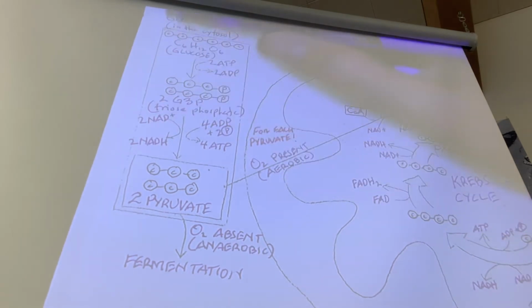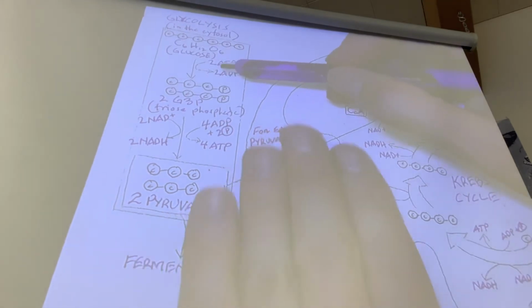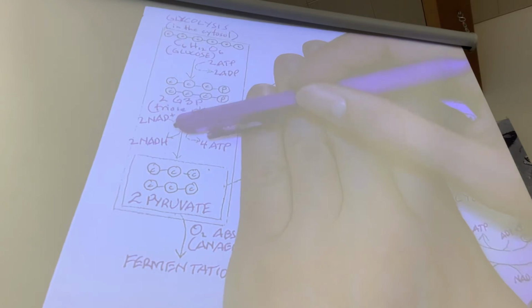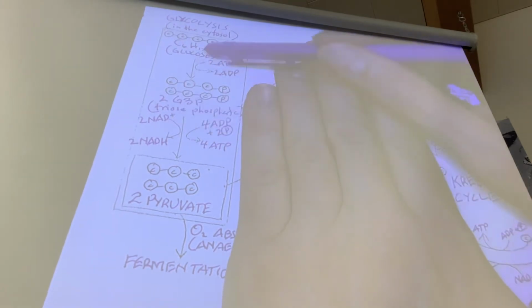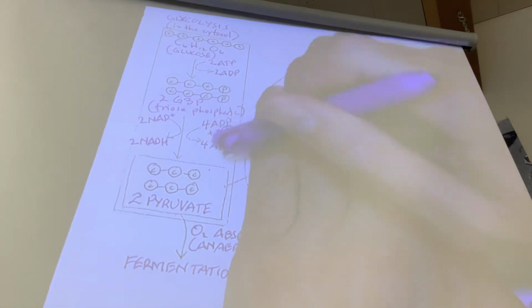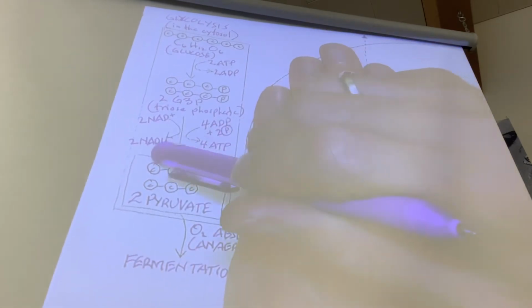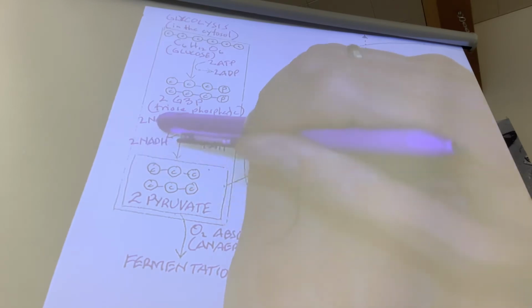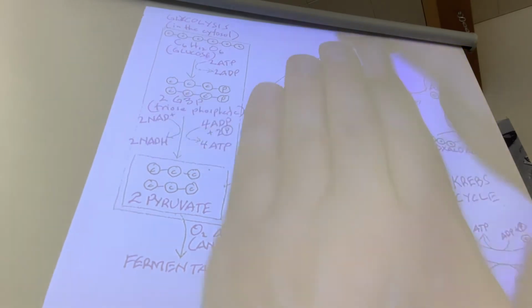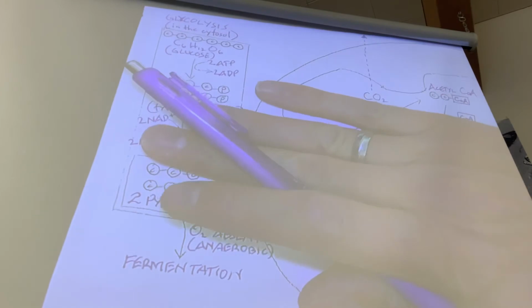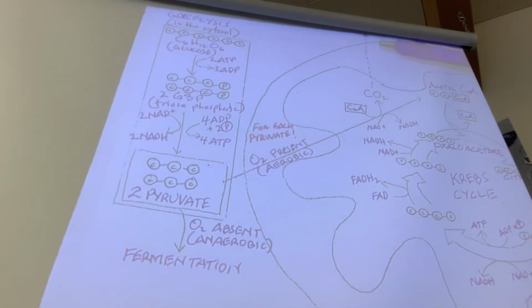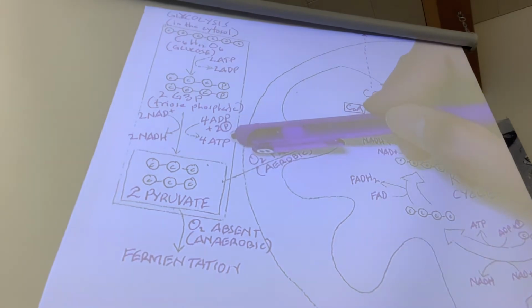So if you turn off the oxygen, you start to run out of NAD+. In order to keep this going, to get these ATP being made on this side, you've got to have more NAD+. Once they're all filled and they're all NADH, this process stops. It grinds to a halt, and you are no longer doing glycolysis. You are no longer making these ATP.